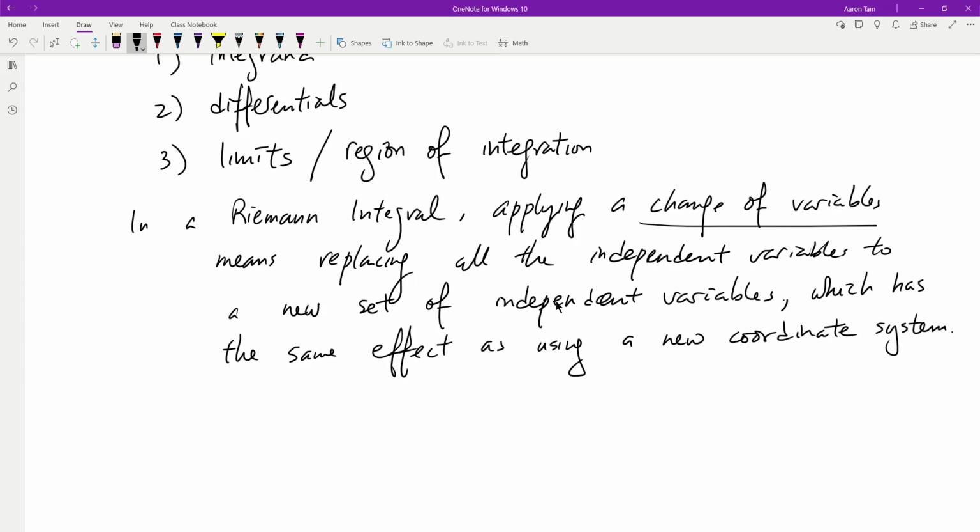And if that's not the case, you're probably not doing your U substitution correctly. For us, the major problem is not the integrand. We would eventually find some way to work past the integrand. But what's more difficult to deal with is actually our regions of integration.